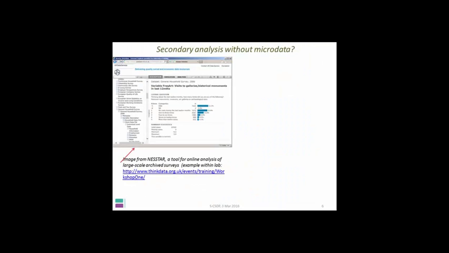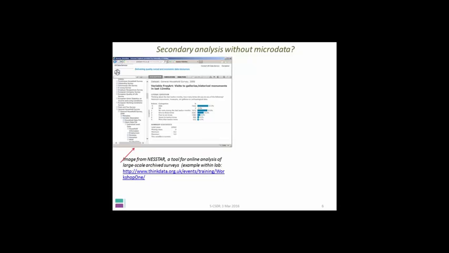It is actually possible to take advantage of secondary survey resources without downloading and analysing the microdata in this way. If you haven't seen it before, it's well worth taking a look at Nesstar, which is a tool for the online analysis of secondary survey data resources that are stored at the UK Data Archive.